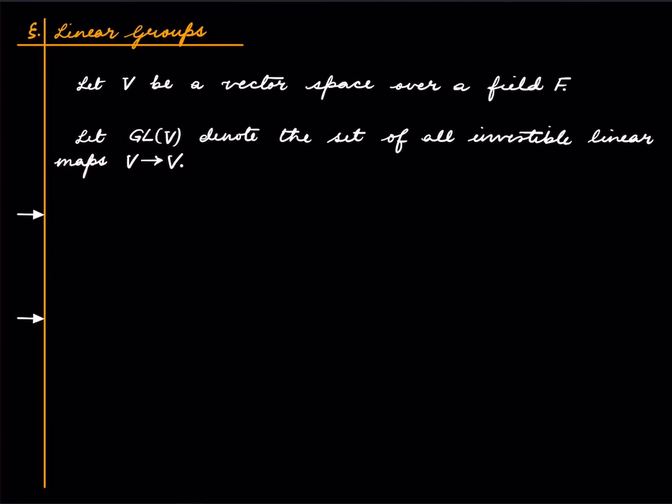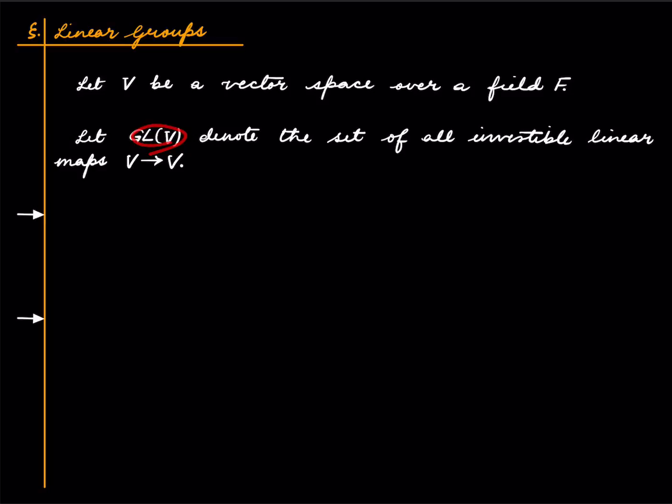All right, linear groups. So this time we have a vector space over some field F, and if you're not comfortable with arbitrary fields, you can for now just think of real or complex fields. Sorry, real and complex fields, not vector fields. We write GL(V) to denote the set of all invertible linear maps from V to V. So these are linear isomorphisms, basically.